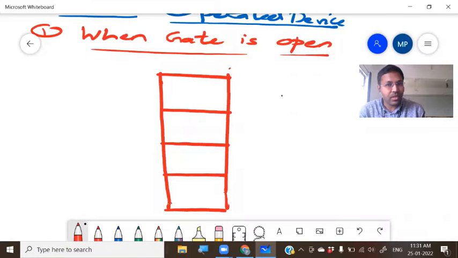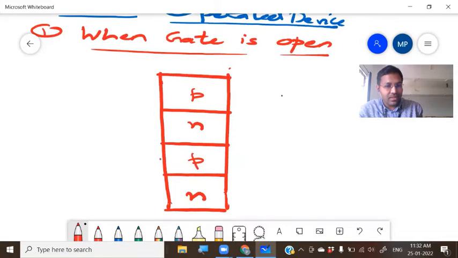So this one is P, N, and then in the textbook they have written it inside, so I will write it inside, anywhere you write, no problem. P N P N. Now gate open.